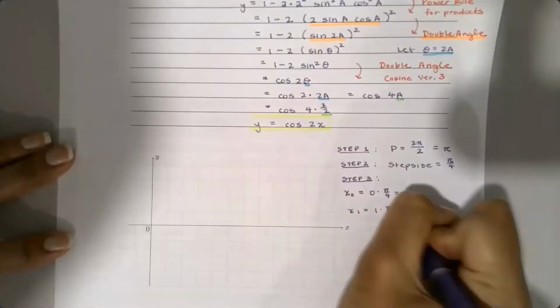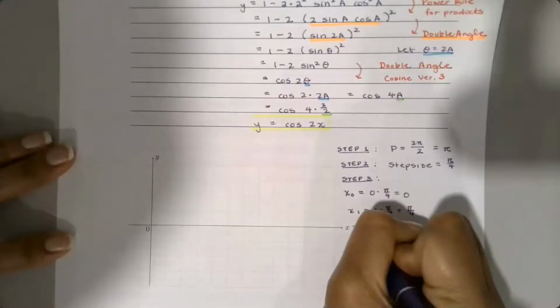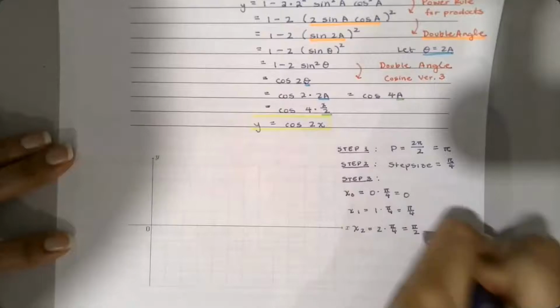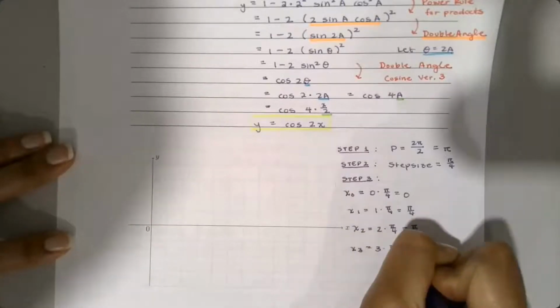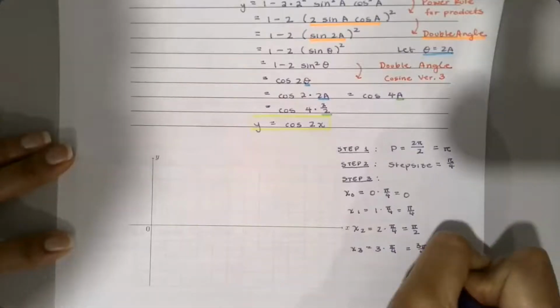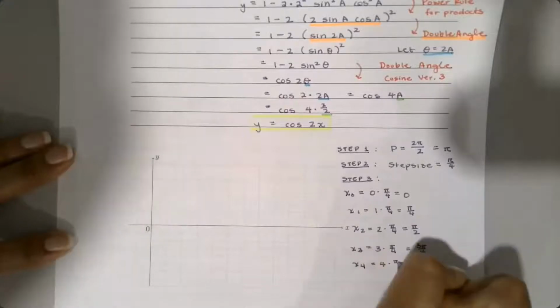So that's pi over 4. 2 times the step size. So that is pi over 2. 3 times the step size. So we get 3 pi over 4. And finally 4 times the step size, which is going to be pi.